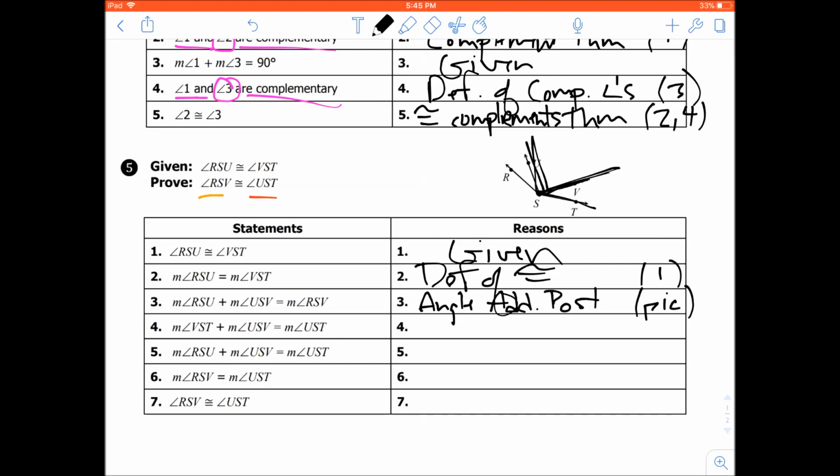And then UST, the last one, oh, yep, that's the whole thing. So this is another part plus part equals whole. So it's another angle addition postulate. And as always, if I'm doing the angle addition postulate, that means I was looking at the picture.